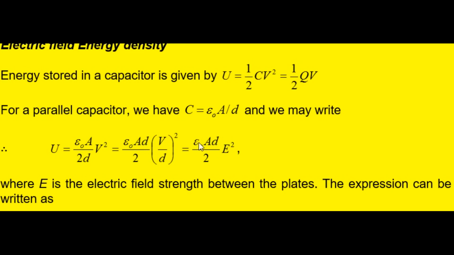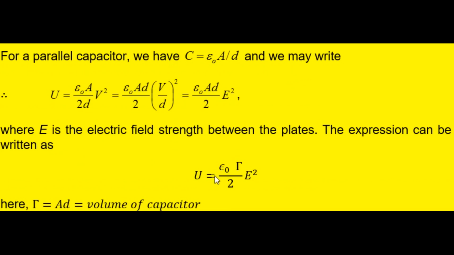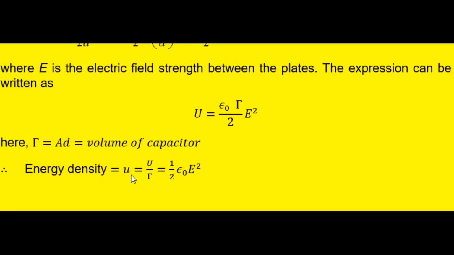This can also be written as U is equal to epsilon naught gamma upon 2 into E square, where gamma is equal to AD, the volume of the capacitor. Therefore, energy density small u will be equal to capital U upon gamma, meaning potential energy stored per unit volume. It will be equal to half epsilon naught E square.